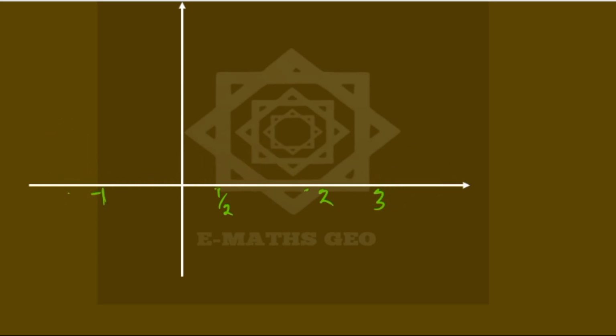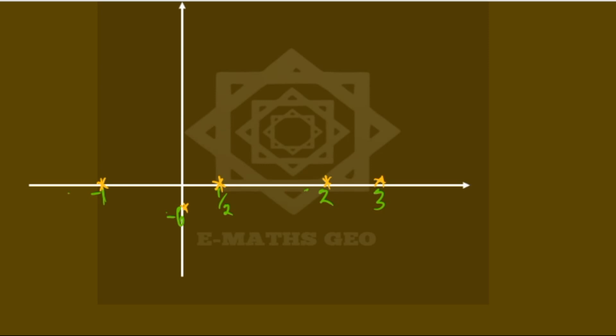So these are the roots, the ones that will intersect the x-axis. So these are the points. And we've got our y-intercept as minus 6. So we need to put it here, minus 6. So this is also one of the points on the graph.